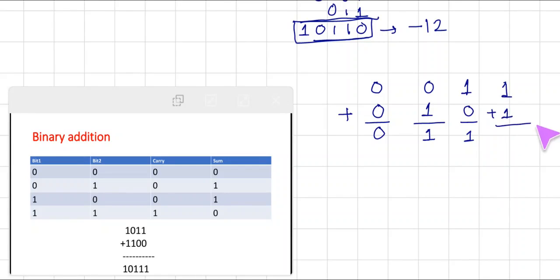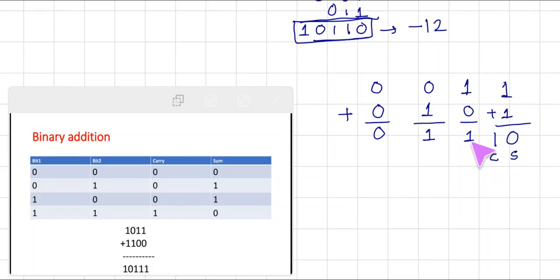We know that 1 plus 1 is 2, and in the binary number system it is represented as 1 0, because it is 0 into 2 raised to 0 plus 1 into 2 raised to 1, which is equal to 2. Now here we observe that there is a sum and a carry.